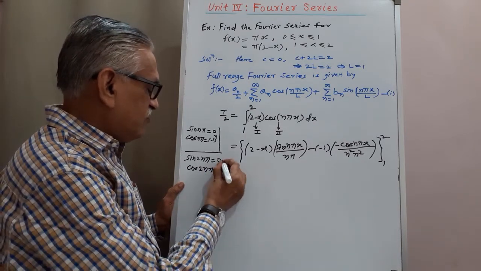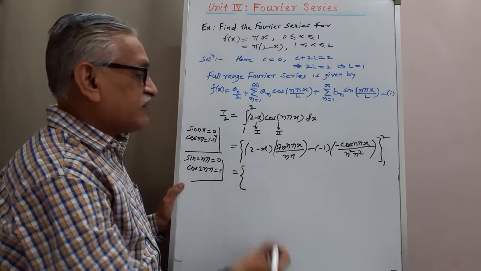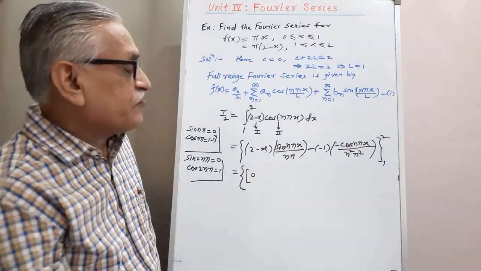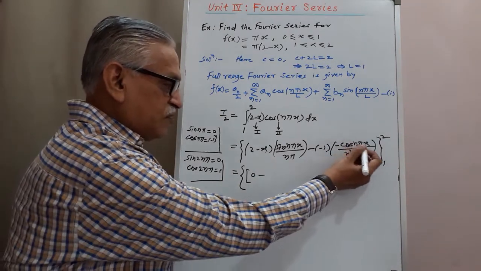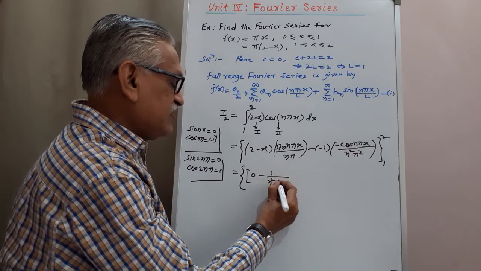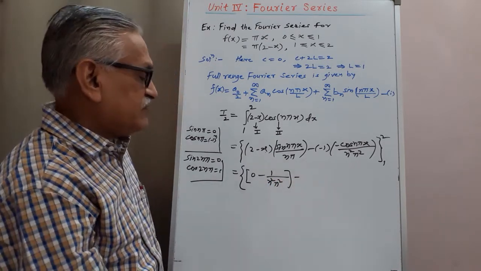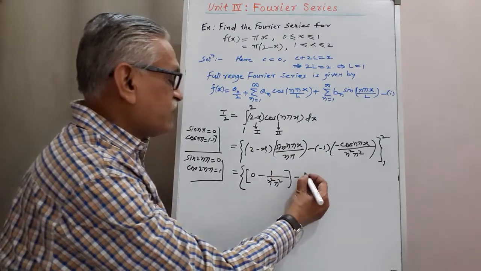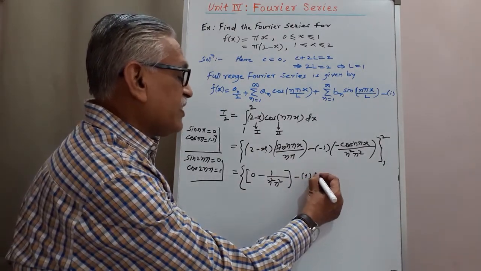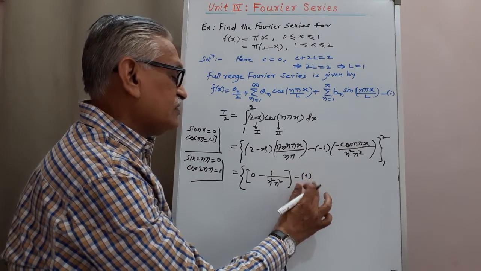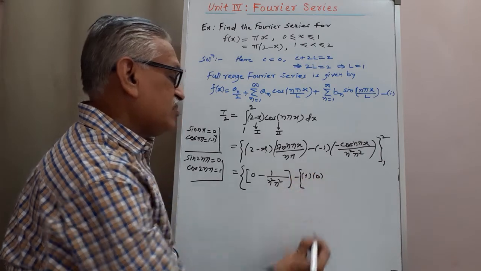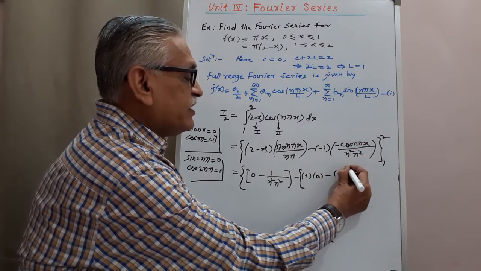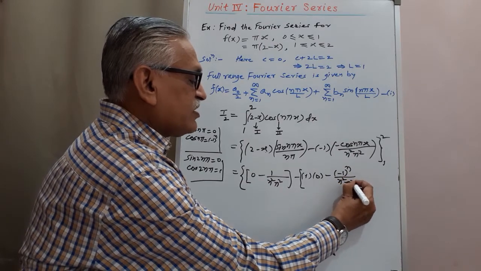Therefore we get 2 minus 2, that is 0, into sin 2n pi which is 0, minus minus minus, times minus cos of 2n pi, where cos 2n pi is 1, divided by n square pi square, minus, substituting the lower limit 1, 2 minus 1 we get 1, sin of n pi, which is 0, therefore that term becomes 0, minus cos of n pi, where cos of n pi is minus 1 raised to n, divided by n square pi square.